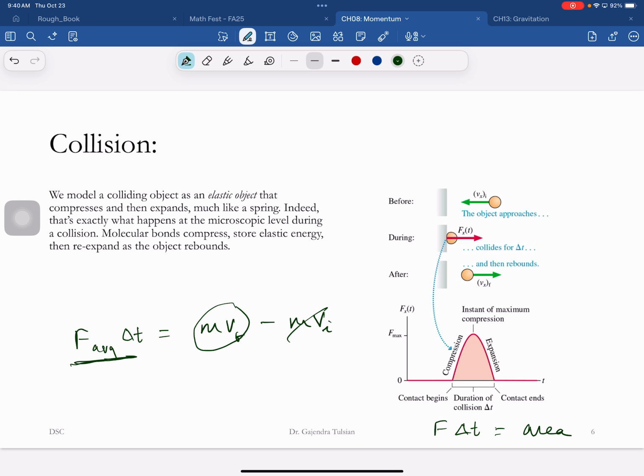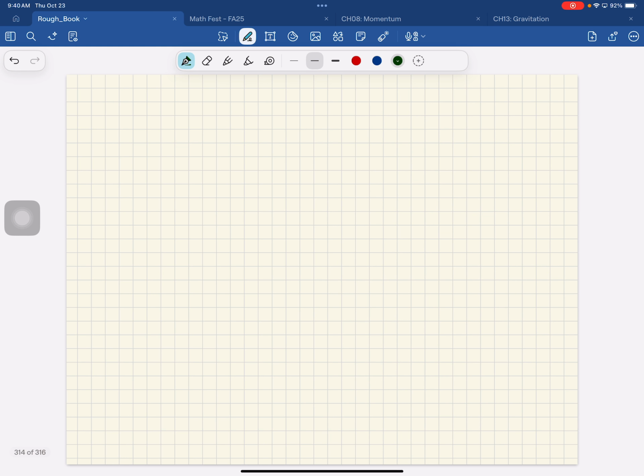So now let me write this down. One of the applications is if you increase the stopping time, you're decreasing the force.